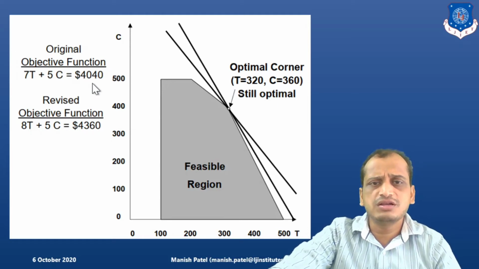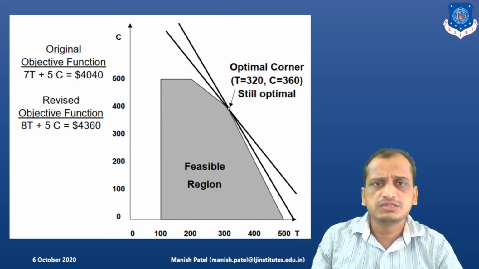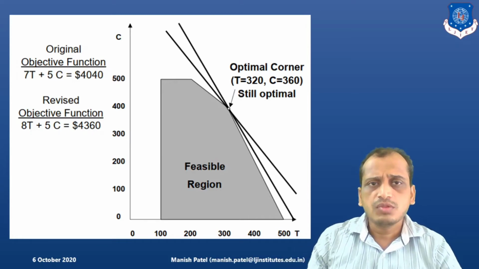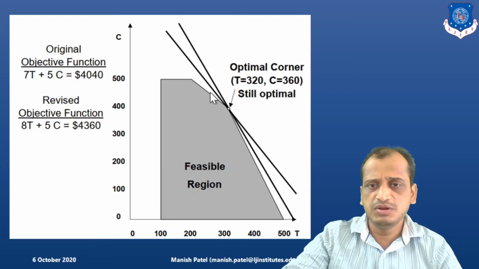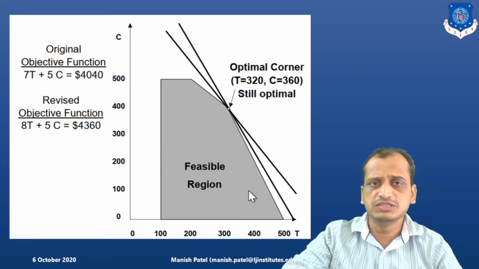If you see here, the profit has definitely increased, and optimality is preserved as well. If you see the graph, T is equal to 320 and C is equal to 360. Just put in the values and you will get this value of the revised objective function. The profit has definitely increased, but the solution is within the optimal region only, and the feasible region has preserved feasibility as well.